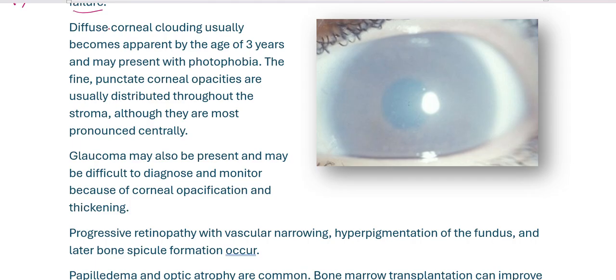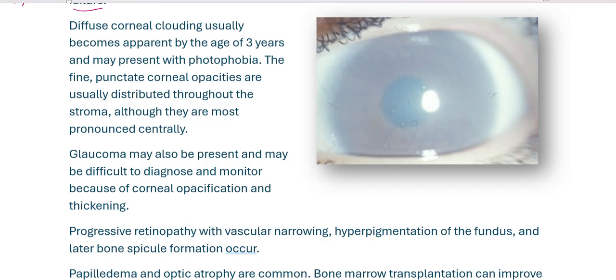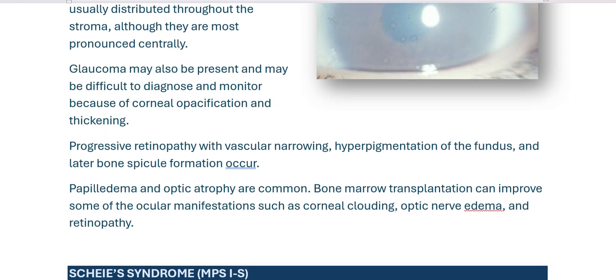It presents with diffuse corneal cloudiness, and as you can see here, there are a few spots. Hurler syndrome is usually pancorneal, involving the whole cornea from limbus to limbus. Glaucoma might happen, and this is very difficult to diagnose and monitor.